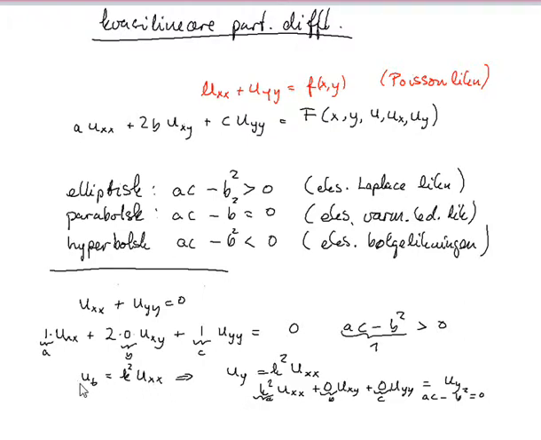So let us now show that the heat conduction equation is parabolic. We know that the heat conduction equation is given by u_t equal to k squared multiplied with the second derivative of u with respect to x.